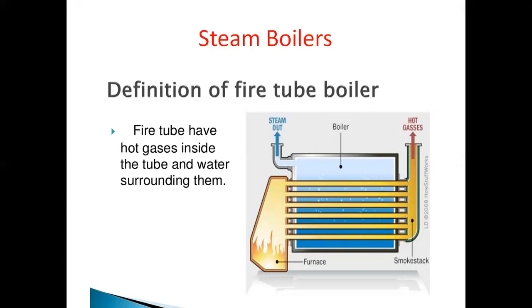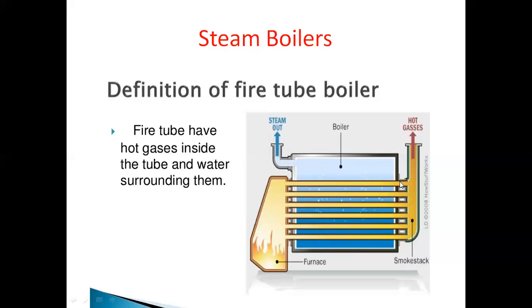First, what is a fire tube boiler? Within the tubes the hot gases flow, and the tubes are surrounded by water. In the figure, there is a furnace, and from the furnace the hot gases pass to the tubes, which are surrounded by water.